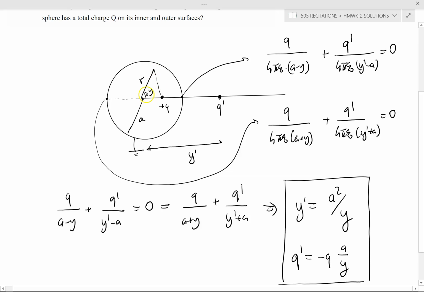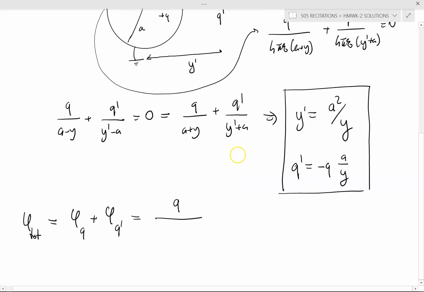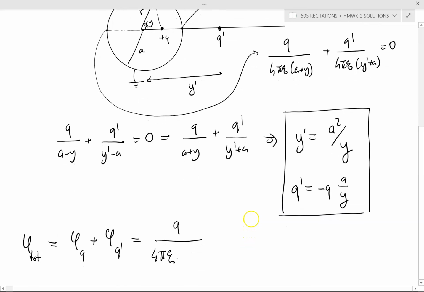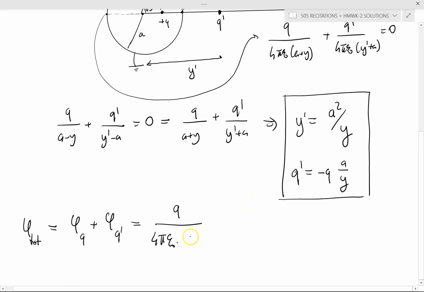Let me call this gamma, which means that the potential due to this one will be equal to Q over 4 pi E0. Its distance can be found by the cosine theorem, right? So it simply gives us r squared plus y squared minus 2ry cosine gamma, to the power of 1 over 2, of course.